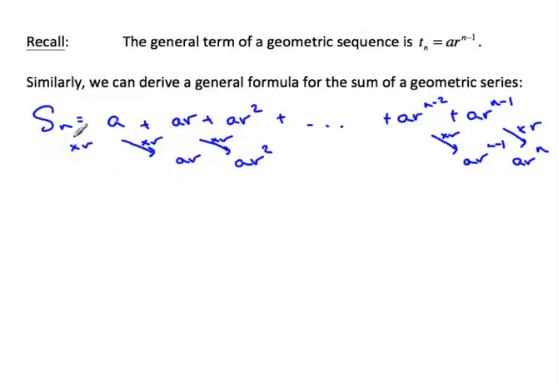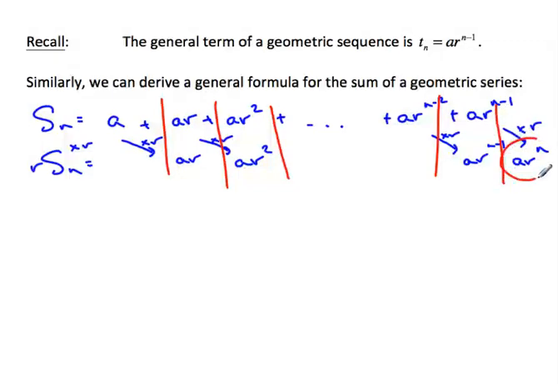I've multiplied everything by r, so this row is r times S sub n. Again, that's generated columns that are paired. But there's one unpaired thing here, and there's one unpaired thing here.